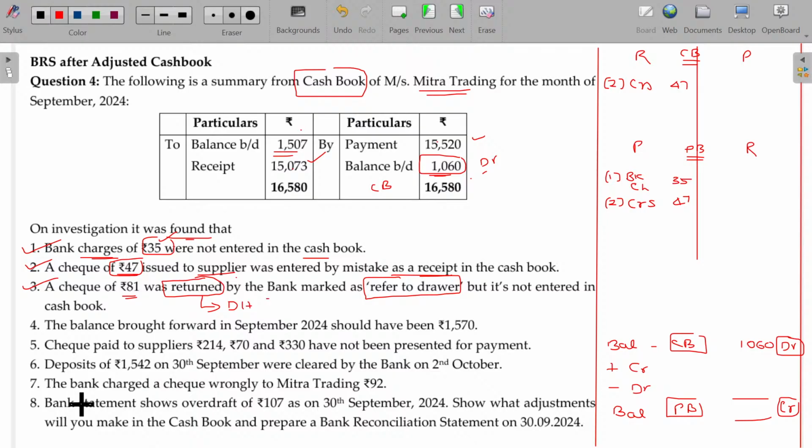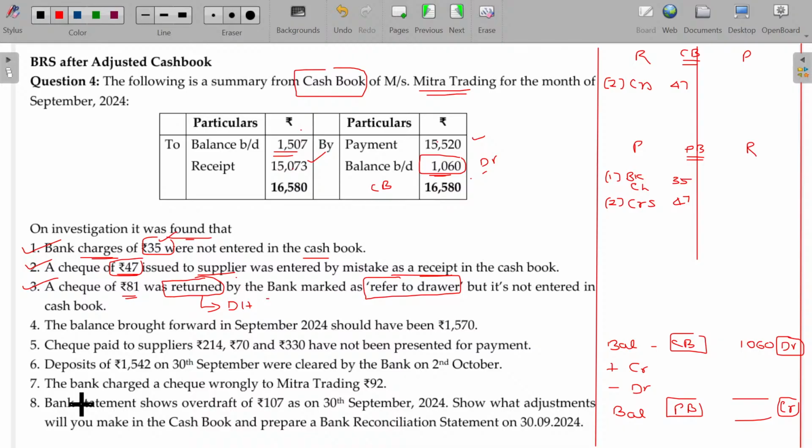Referred to drawer may be due to a mismatch of the handwriting, or the check may have expired. Any check you issue has validity for only 3 months. Suppose I totally forgot to deposit it in the bank, and after 3 months I realized, oh my god, this check is there, I can encash it. The moment I deposit it, 3 months are already over, so the bank will not encash it. In such a way, the check may be dishonored. This is nothing but dishonor.